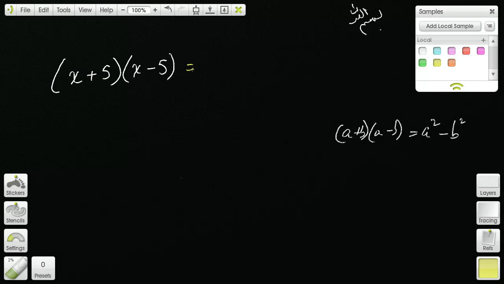It's going to be a squared, x squared, minus, what's b? B is 5. A plus b, a minus b. So this minus sign is not part of b. So b is 5. A squared minus 5 squared. So that's x squared minus 25.